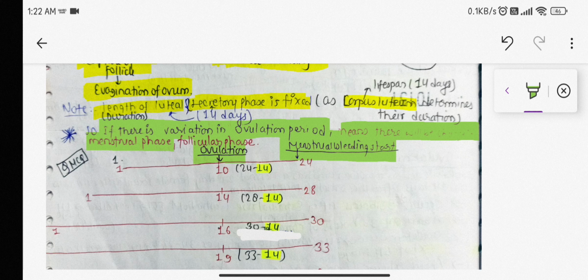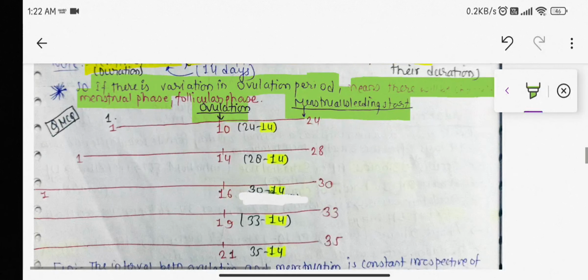If the time of ovulation is later than day 14, then the duration of the menstrual cycle will be increased. So the interval between ovulation and the menstrual bleeding is always 14 days.